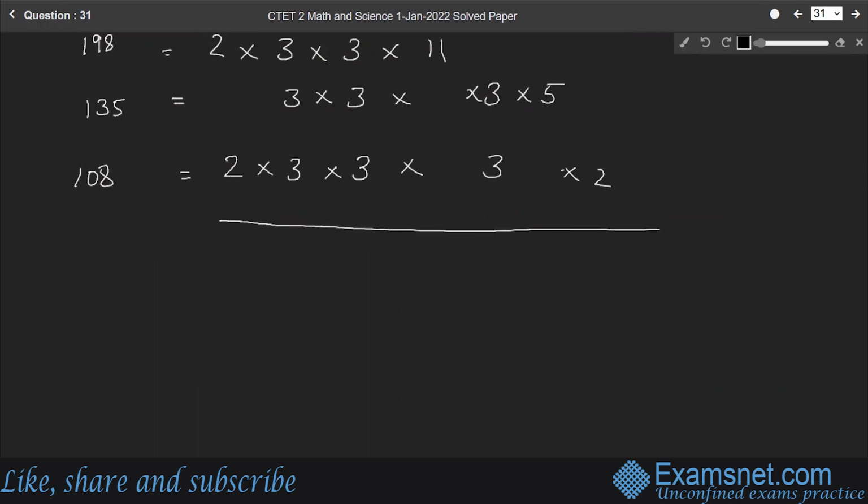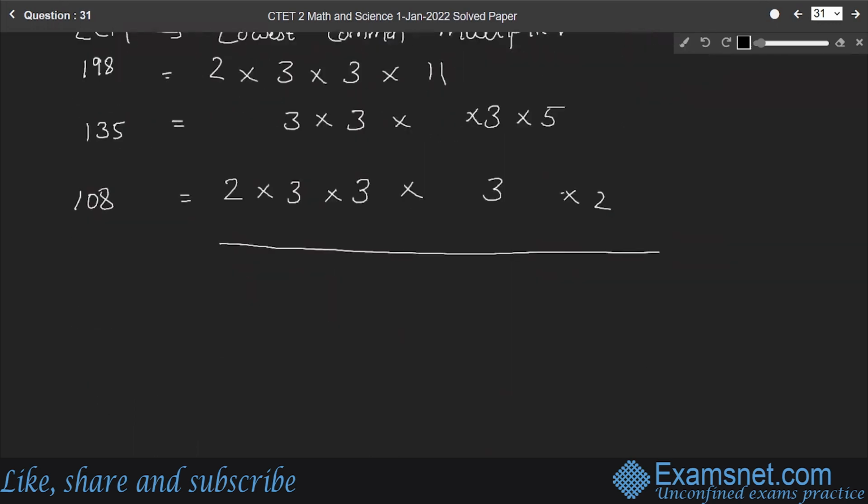Here we are finding the common multiple. In the first column, the common factor is 2. In the second column, we write only one number which is common, 3, and one more 3 into 11. In the next column, it is 3 into 5 and one more 2 in the last column.